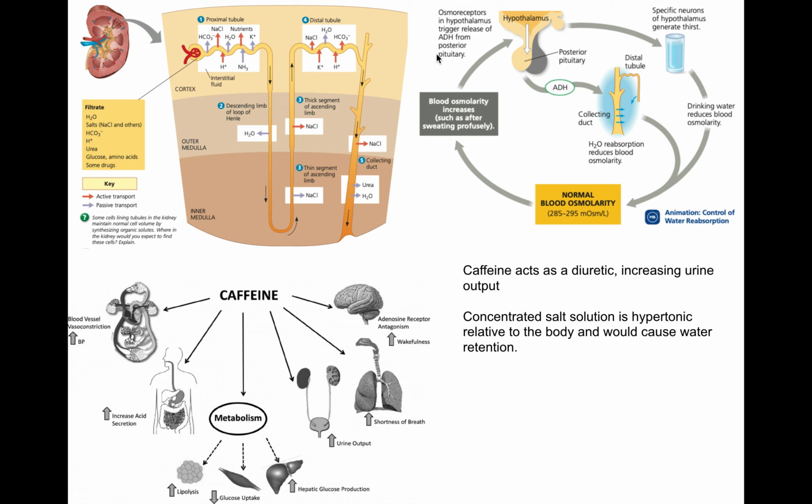The ADH will then stimulate the collecting ducts to release water to get reabsorbed into the blood. So you're basically retaining fluids. So here's the collecting duct right here. And then the other thing that it will stimulate is thirst. So it'll make you want to drink water to reduce your blood osmolarity, and then hopefully you'll return back to normal.